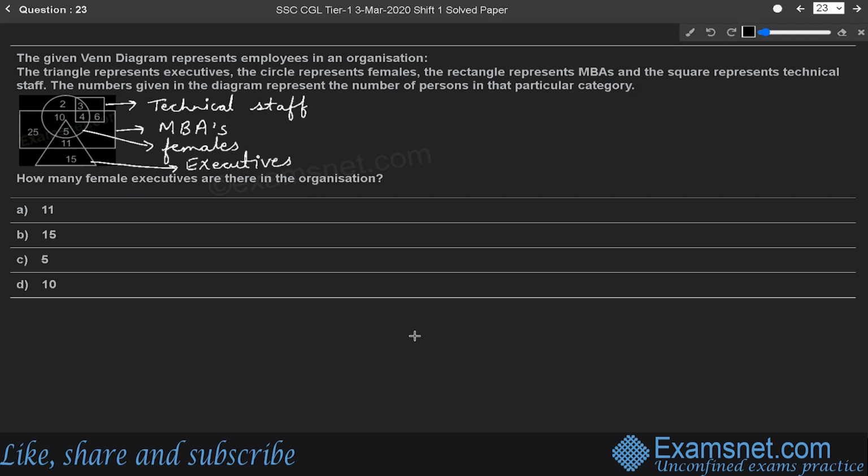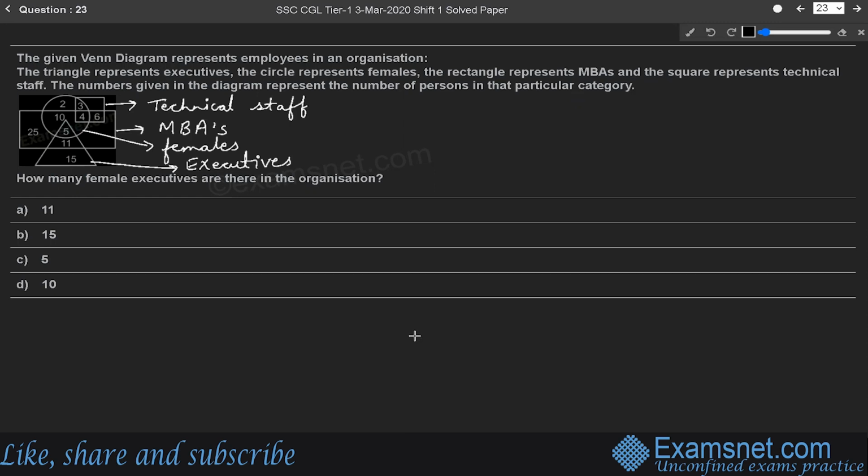So here the different items are the different organizations. We have to find the number of female executives in the organization. In order to find the number of female executives in the organization, we have to find the intersection of female with executives. So here, intersection simply shows what items are shared between the categories. So here items are different organization. We have to find the female executive in organization. So we have to find the intersection of female with executive.